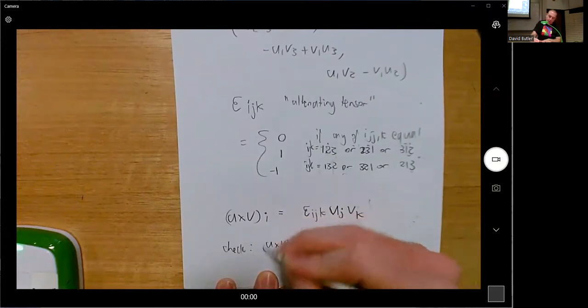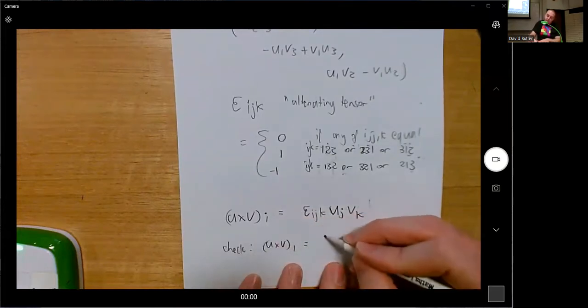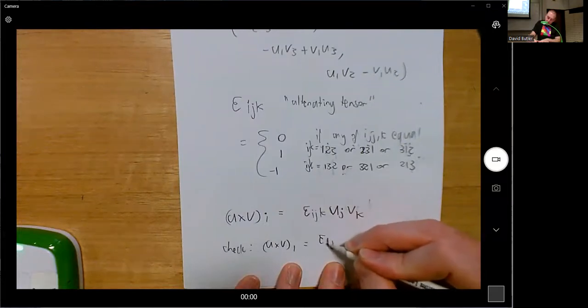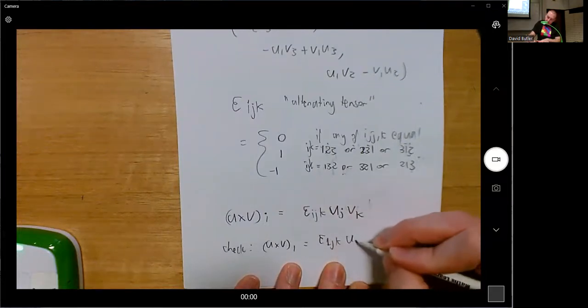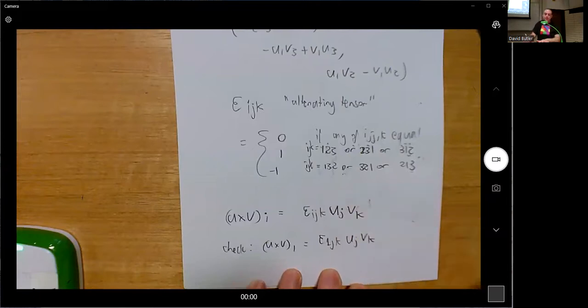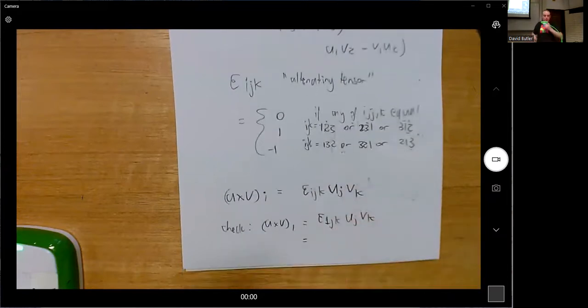U cross V, component 1, should be epsilon 1jk u_j v_k. That's what it should be. So I'm going to have to run through all the options for what j and k could be.